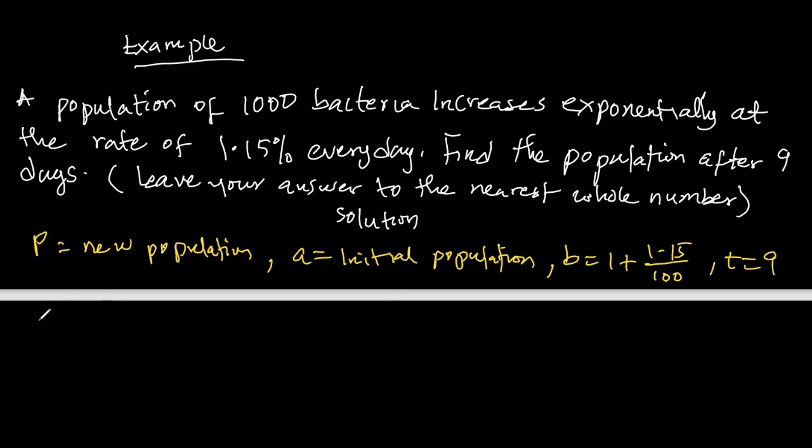So with that, I have this, which is 1,000 into, now let us work this out as decimal. It's going to give us 1.0115. So this is 1.0115, then raised to power 9.